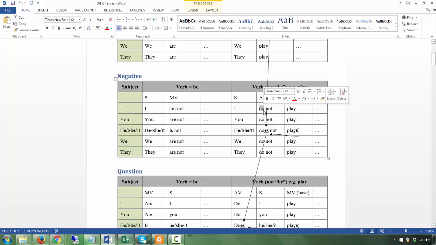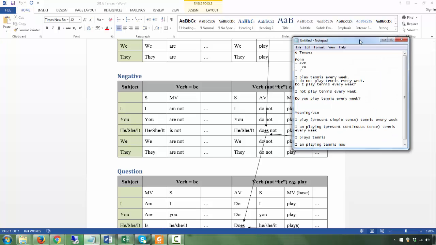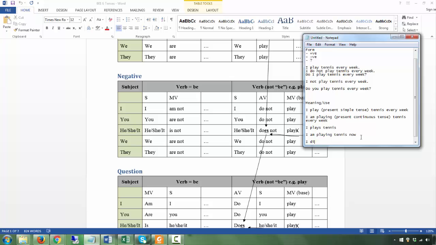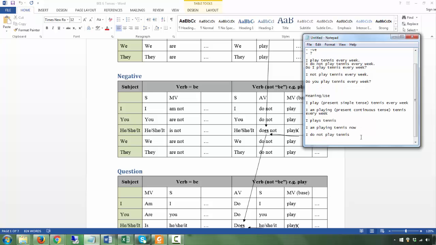You just need it to form the tense. And therefore you could also write something like, in the present simple, I do not play tennis. This do is an auxiliary verb, and this play is a main verb, which gives you the meaning.